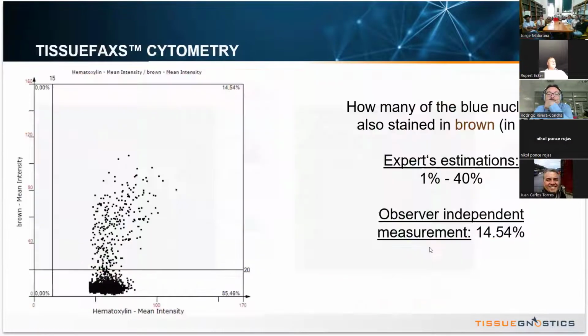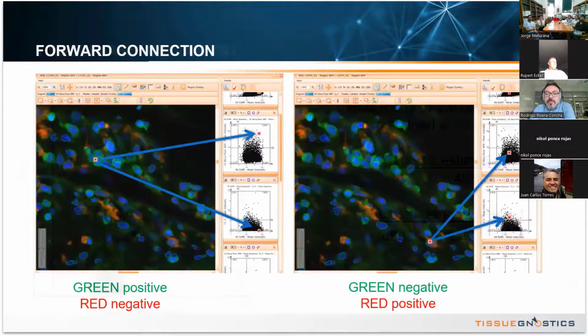And as you can see, the number of positive cells is 14.5%. And the important thing is, whenever you do this analysis on Monday morning, on Wednesday noon, on Friday afternoon, in Chile, in Australia, in Austria, you will always get the same result rather than a more or less arbitrary number.